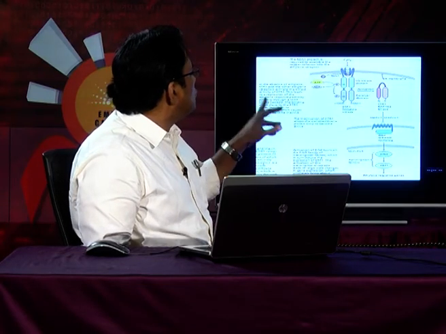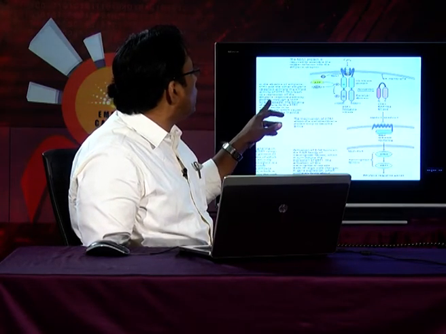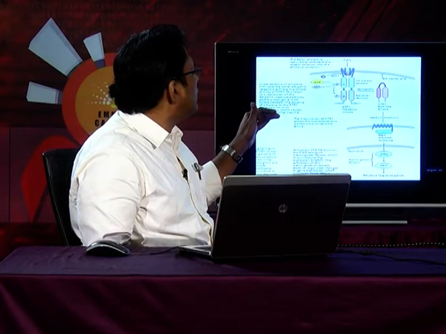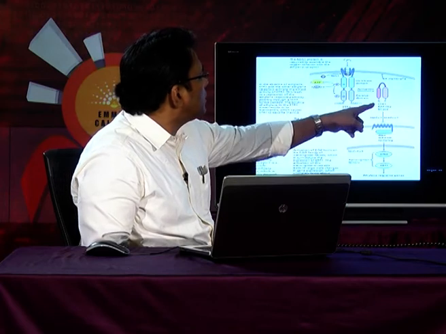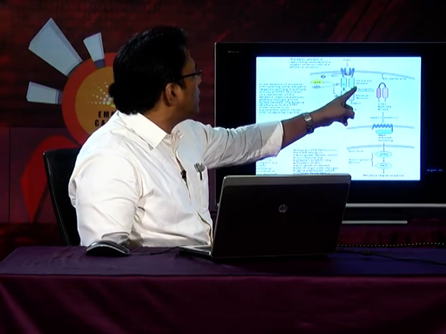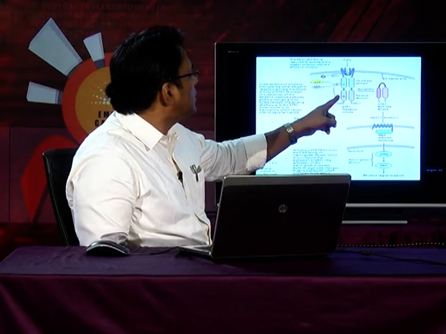So in the absence of ethylene, ETR1 and the other ethylene receptors activate the kinase activity of CTR1. See, activation takes place; when ethylene binds, phosphorylation takes place.